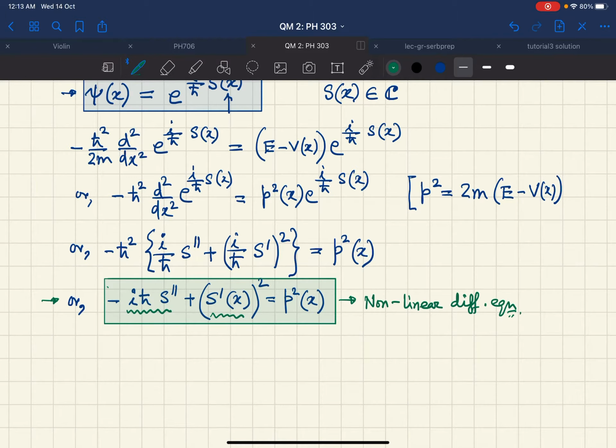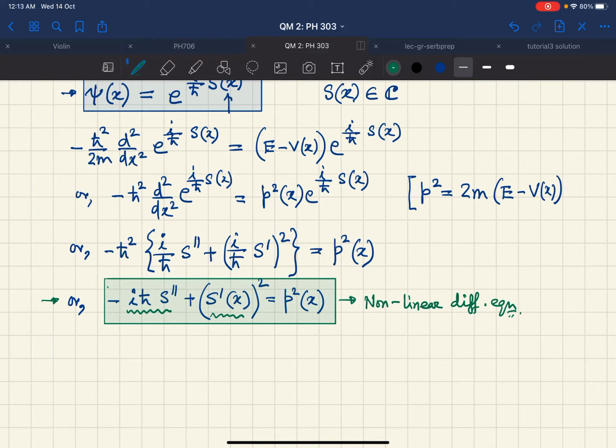So this nonlinear equation can be helpful in that we can choose h bar to be small, and thus the term involving S double prime, this first term, is small.